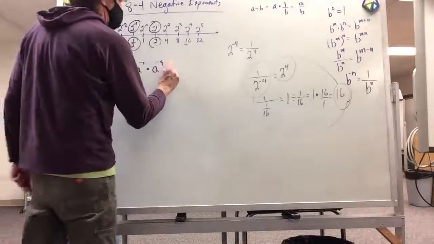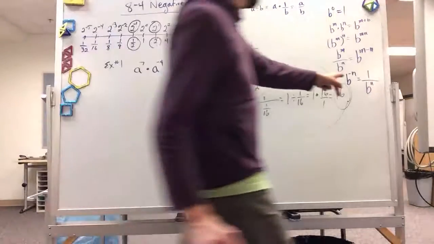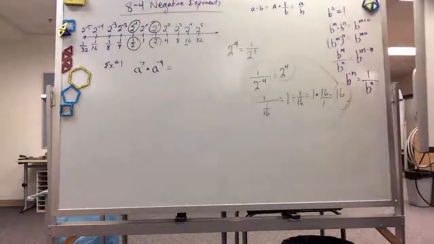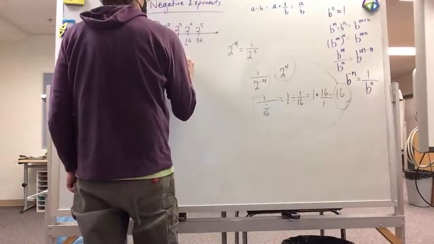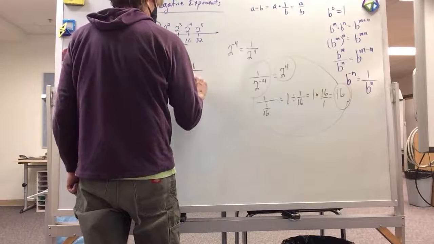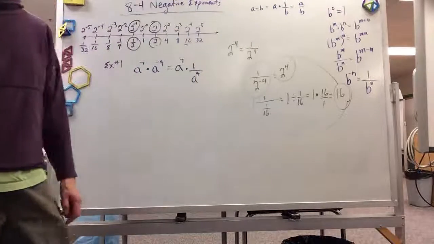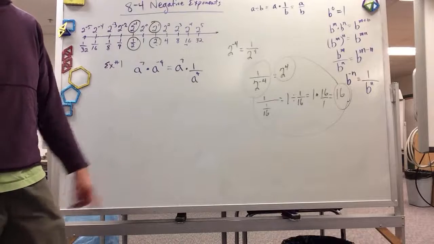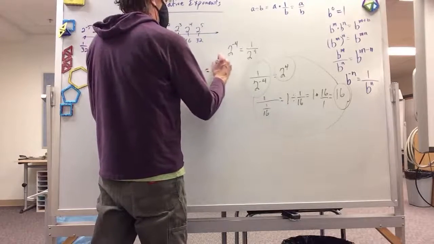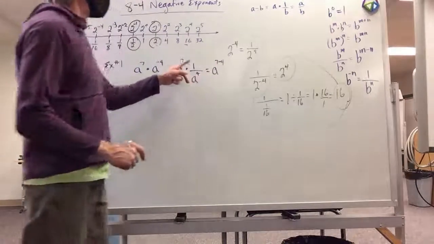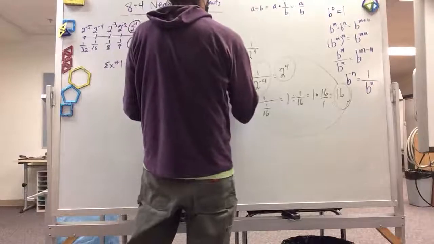So in this case here, if we use the property like this, you could rewrite this as a to the 7th times 1 over a to the 4th. This is where it starts getting all twisted and bent. Watch. So this becomes a to the 7 minus 4, right? Using the quotients. So that's a to the 3rd.